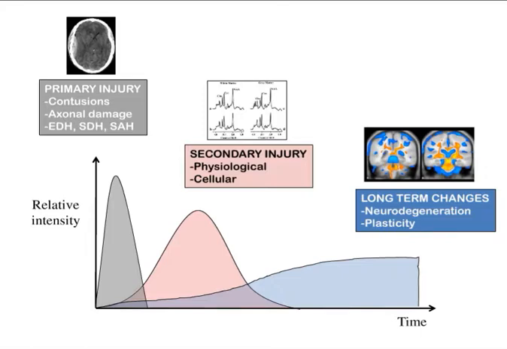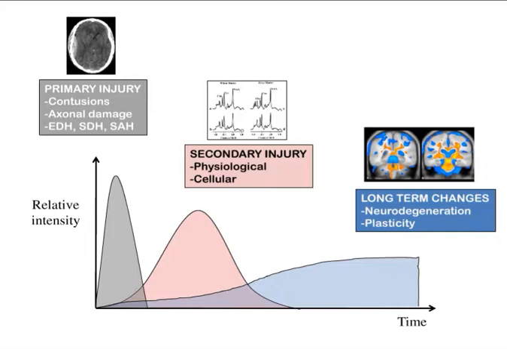When we move on to the secondary phase after TBI and we think about this cascade of biochemical alterations that occurs, here again, MRI can be exceedingly helpful when we think about techniques such as magnetic resonance spectroscopy, or methodologies such as cerebral blood flow imaging using MRI. These are very powerful ways to assess the physiology of the brain and understand the secondary injury that is occurring.